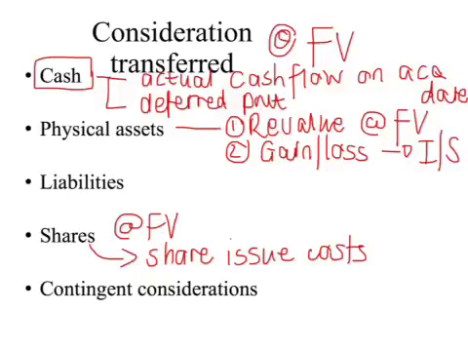If there are arrangements regarding contingent considerations, it will require that a calculation is made at acquisition date to get some form of fair value that we can attach to that future payments that might need to be made.